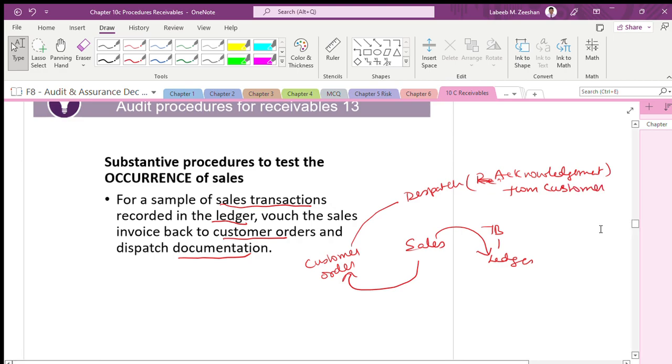When we get the acknowledgement from the customer, it will automatically be treated as sales and as receivables, and subsequently we are going to receive the cash. If there is no confirmation from the client, it means there is a disagreement, and for those disagreements we have to look into it.